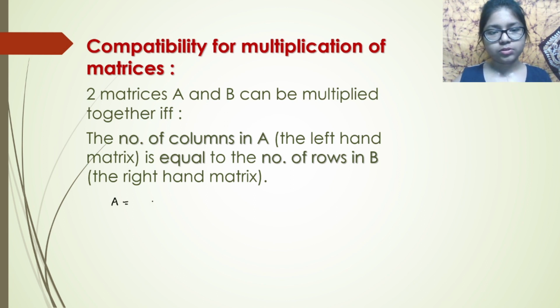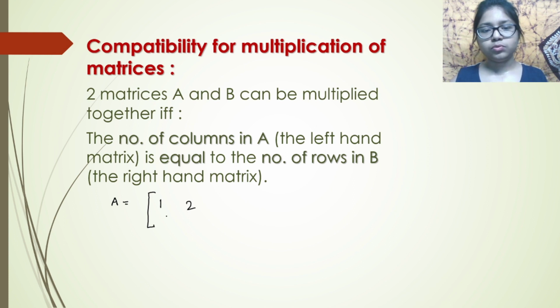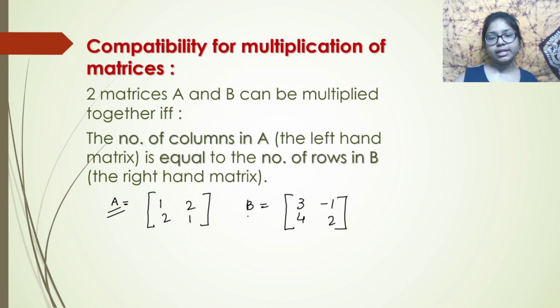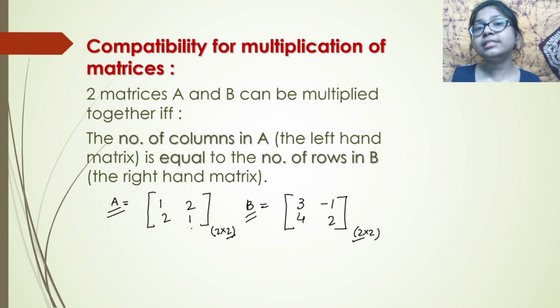Let's say A equals 1, 2, 2, 1 and B equals 3, minus 1, 4, 2. The number of columns in matrix A should be equal to the number of rows in matrix B. The order of A is 2 by 2, and this matrix is also 2 by 2. That is, these matrices consist of 2 rows and 2 columns. So the number of columns is equal to the number of rows, and matrix multiplication is possible.